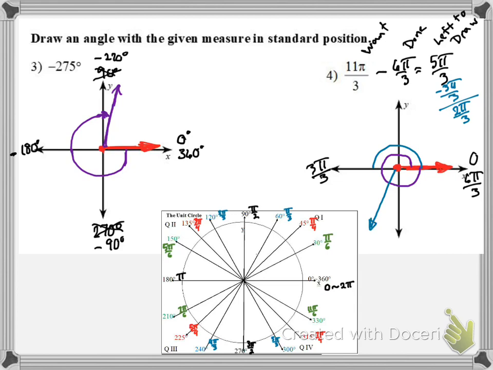If you're a little lost, you can look at this and say, I need another pi over 3. I see that pi over 3 is 2/3 of a quadrant, so I'm going to draw this one at 2/3 of a quadrant.